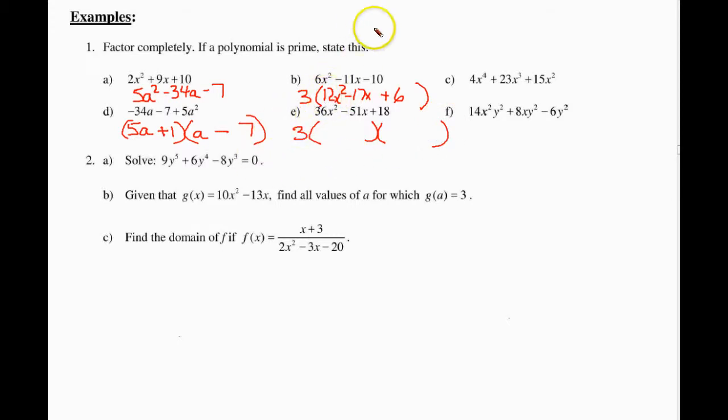Now my 12, as I look there, could be a 1 and a 12, a 2 and a 6, a 3 and a 4. Now as I look at that, again, I have no idea what it's going to be. It's not jumping out at me. So I'm going to try the 4 and 3 here. Now the 6 can be a 1 and a 6, a 2 and a 3, a 3 and a 2, a 6 and a 1.